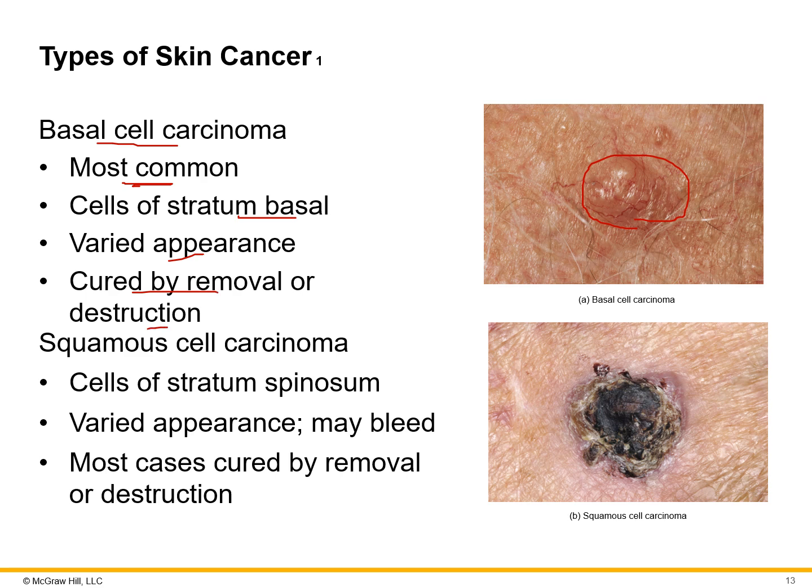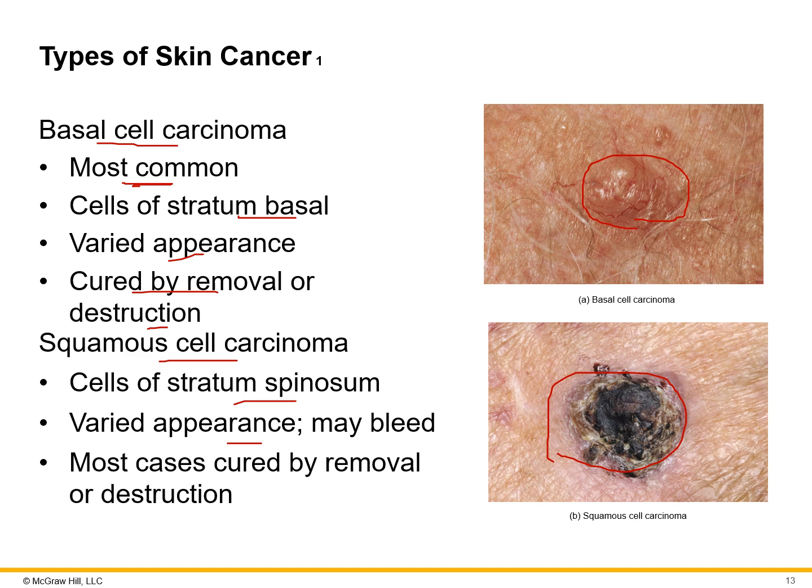A lot of times people go in and these are essentially scraped off and removed in order to treat that. Now the squamous cell sarcoma, this is in the stratum spinosum. Again, not the deepest layer, moving out toward the surface. Again, varied appearance, but it can actually bleed, so we can see a much darker structure here.